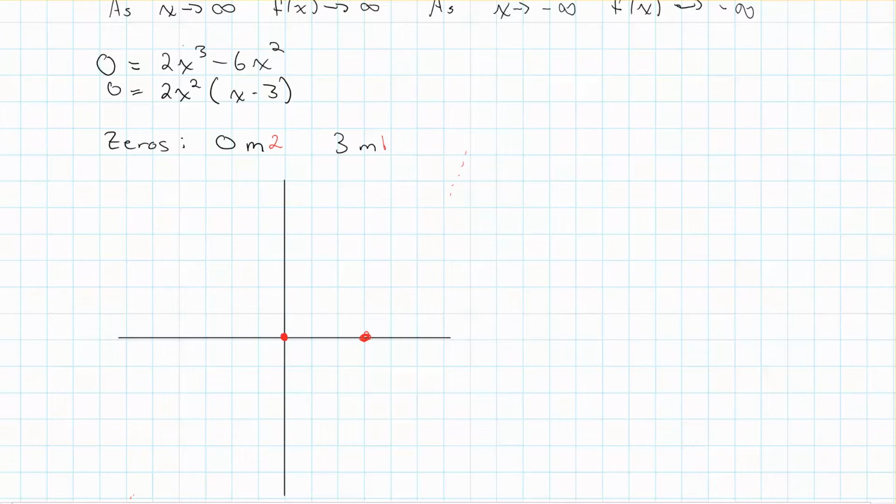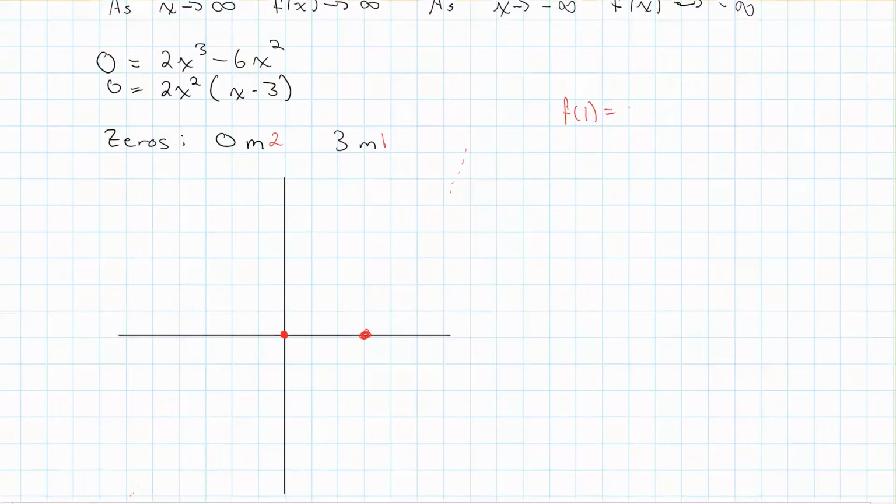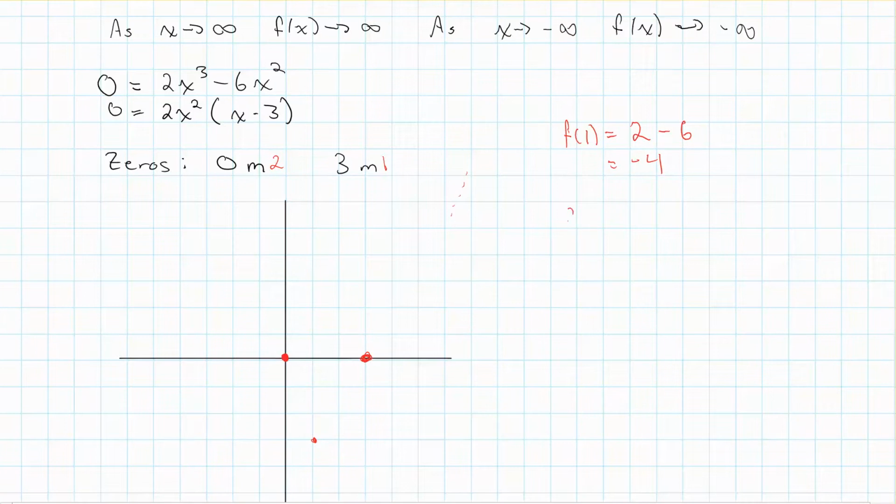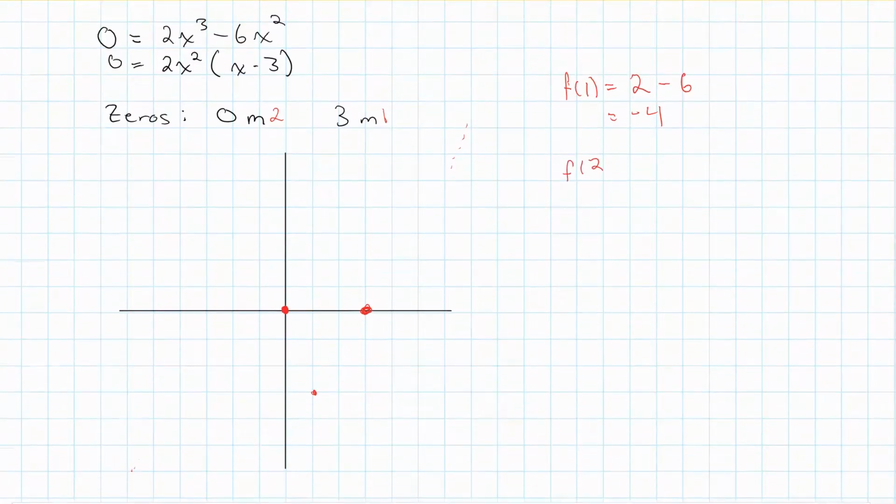If we substituted x equals 1, we'd have f(1) equal to 2 minus 6, which is negative 4. So at 1, I'd be at negative 4. And I could figure out what I'd be at 2. For instance, if I did f(2), and actually let me plot correctly here. That's not 4, that's 3.